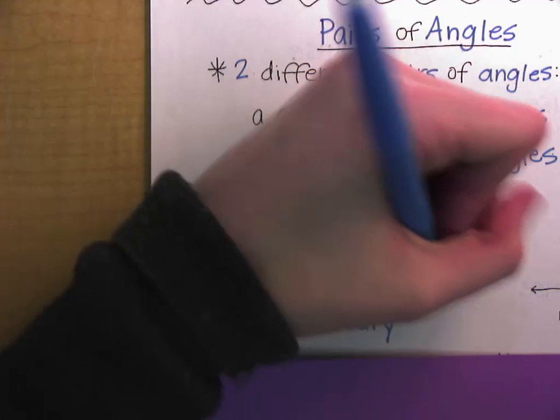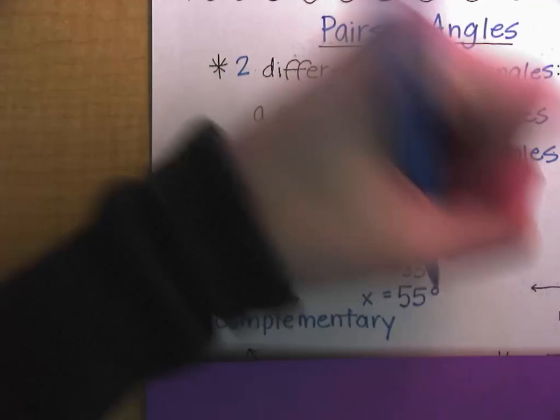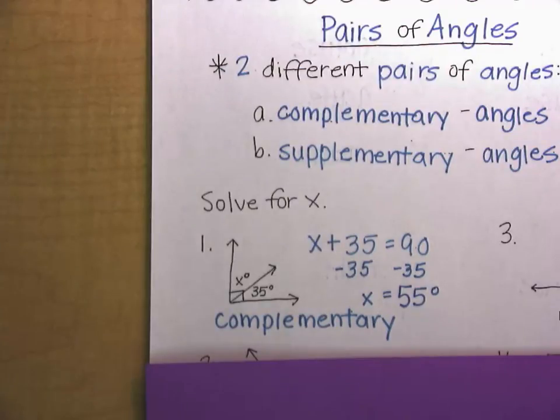You should get 55. 55 degrees. Another way that we can describe this: we just found the complement of 35 degrees. So if they're complementary angles, the complement of 35 degrees would be 55 degrees.